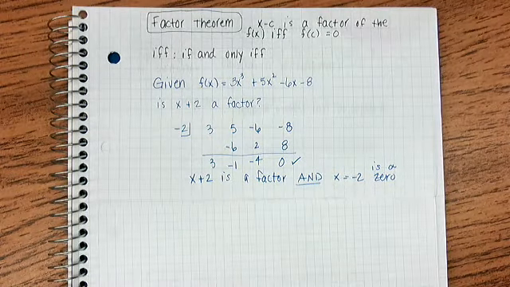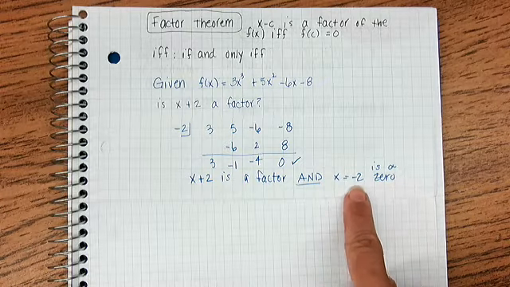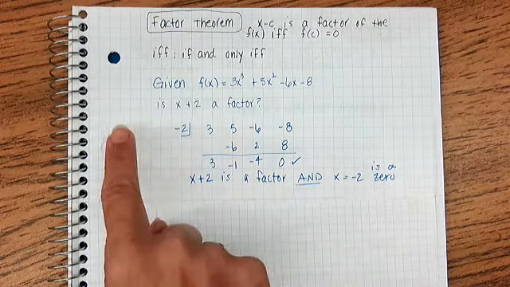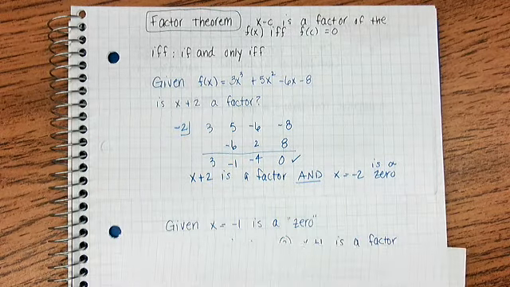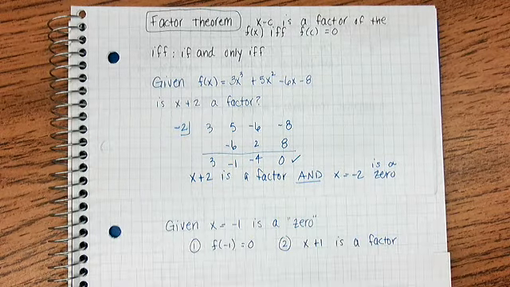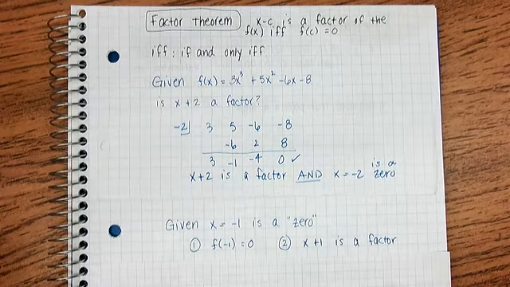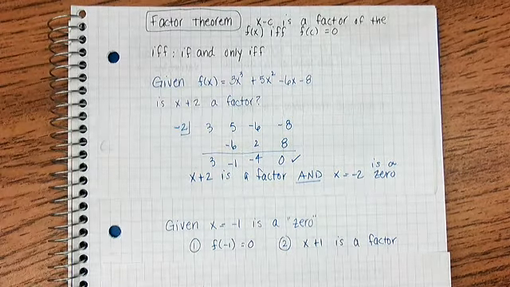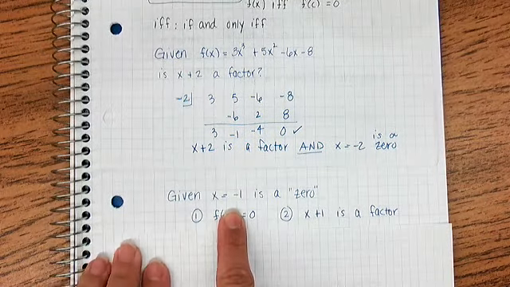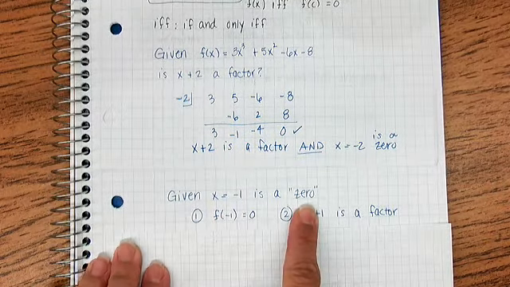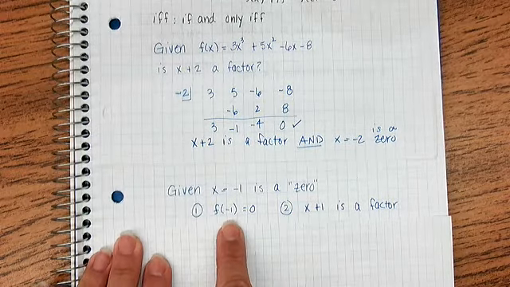Okay. What happens if I ask you to find the zeros? We just found one. It was negative 2, but I gave you a starting point. I gave you a factor to begin with. What if I don't give you anything to start with? Okay, so if you're given that x equals negative 1 is a zero, f of negative 1 is 0.